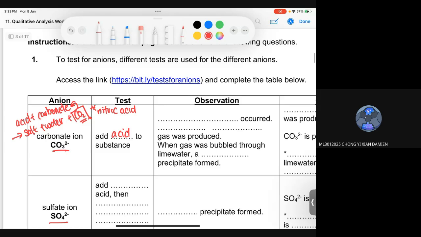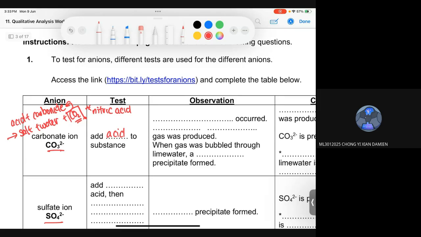To be more precise, this is the positive observation. What observation should I see if carbonate is present? If carbonate is present and you add acid, you get effervescence, that bubbling. After that, you determine the color and odor of the gas.